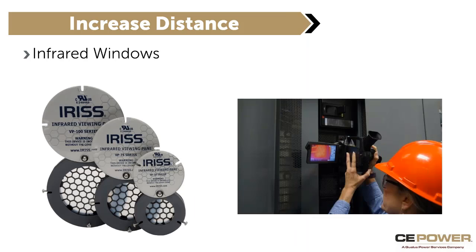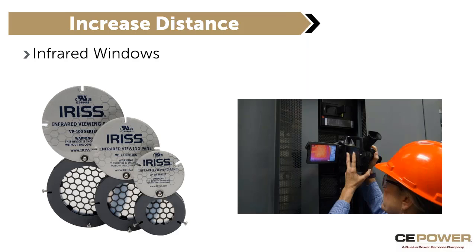Infrared windows, again, simple, easy method to get personnel away from switchgear, not opening panels. So literally opening that device that is mounted on the panel rather than opening up the panel itself, and putting your gun there and doing your infrared scans. This particular brand has a clear polymer version, so that you can actually do visual inspections as well.